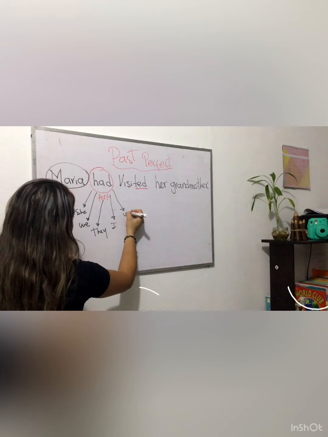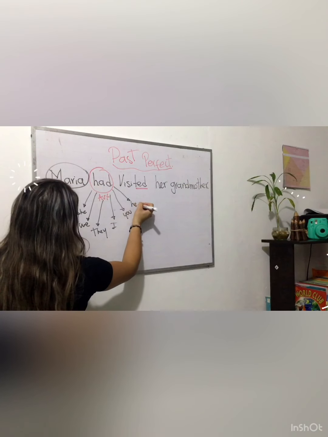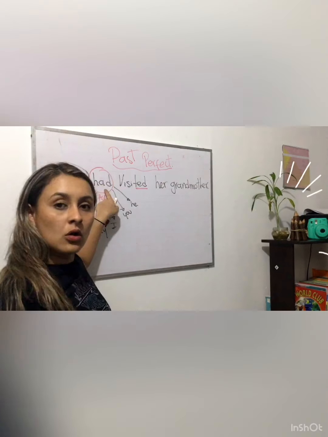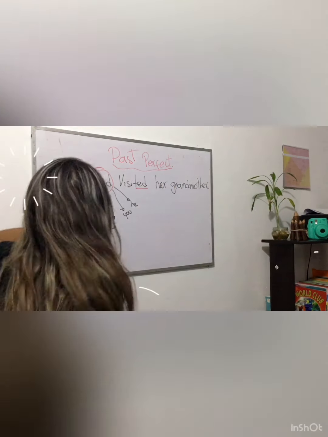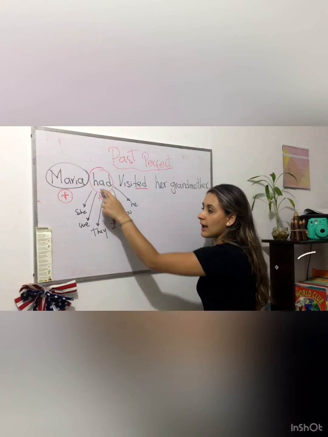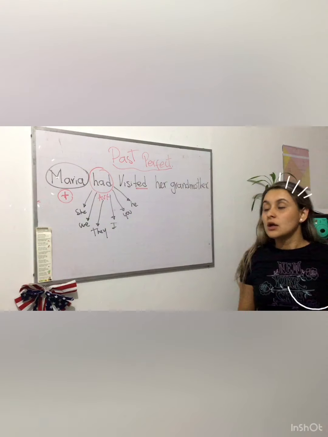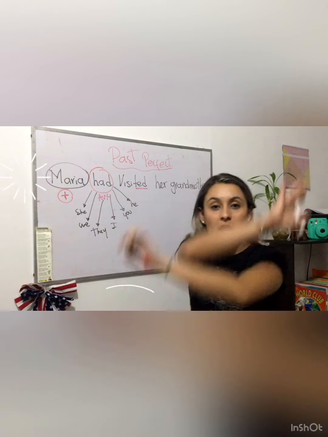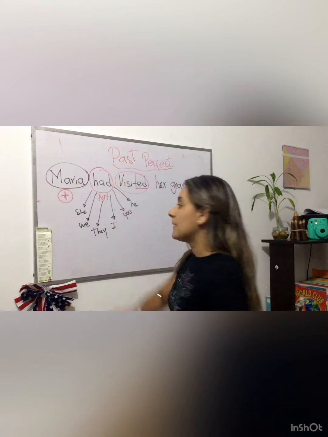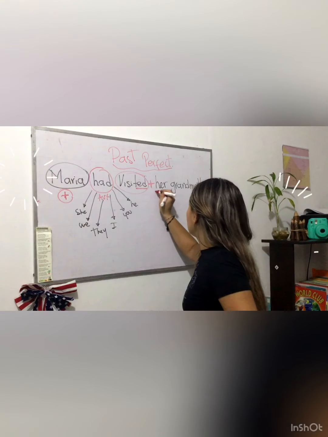You have, he had, okay? So you're going to use the auxiliary had for all the people, everyone. So you will have he had, you had, I had, they had, we had, she had, okay? So remember, you use this auxiliary for everyone. And then you need the verb in past participle plus the complement.